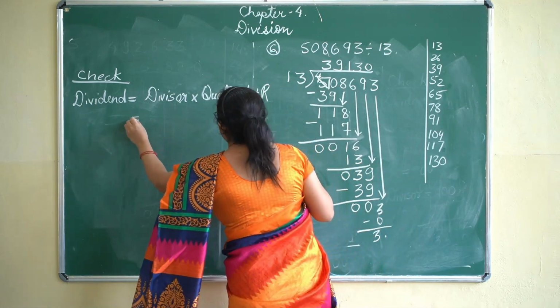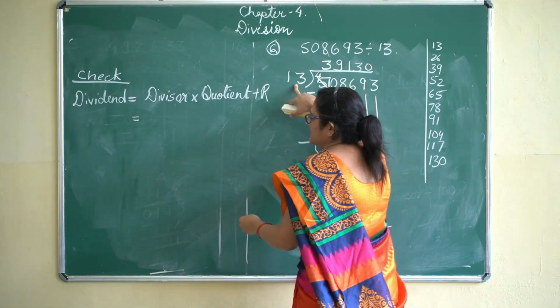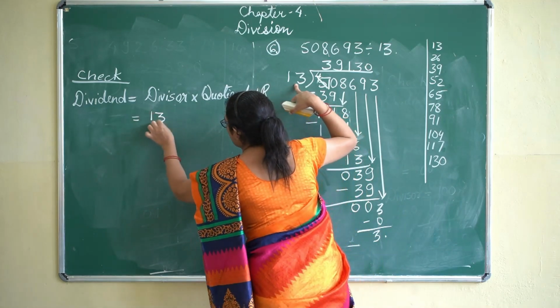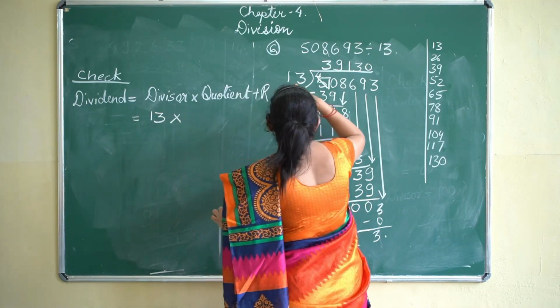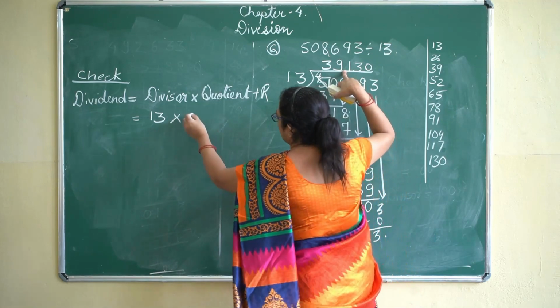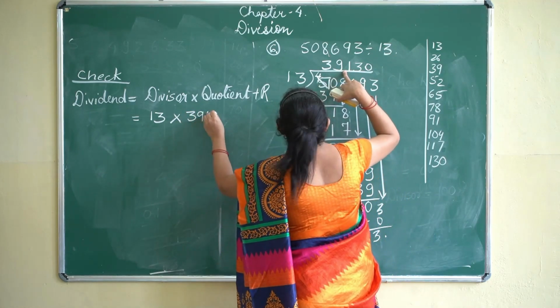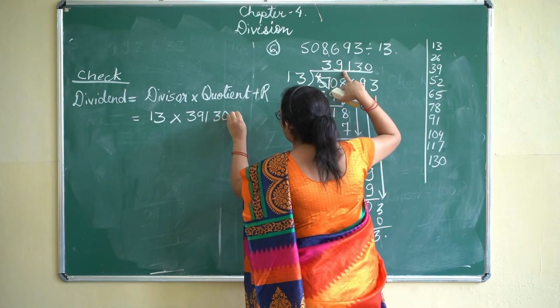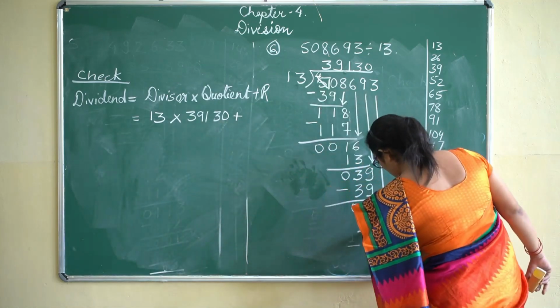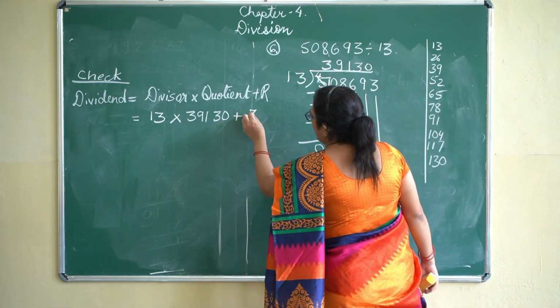What is the divisor? I have told you, 13 is the divisor, the number by which we are dividing. Quotient means the answer that we are getting, 39130, plus remainder. Remainder, what is left here? 3. So we will add 3.